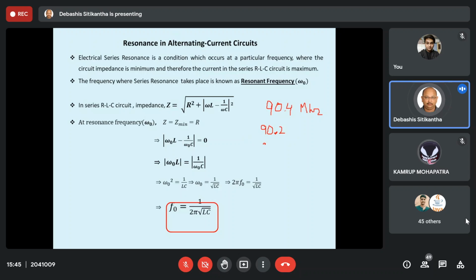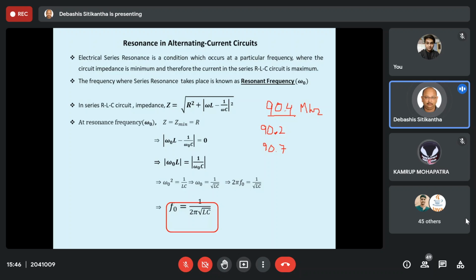Now, if you tune it to, let us say, 90.7 megahertz, then also it is not matching with this 90.4 megahertz. That is why, no doubt, it will catch some signal, but it will be filled with a lot of noise. Why is it so? Because it is not absorbing the maximum energy. Now, once you tune it perfectly to 90.4, the two frequencies match.